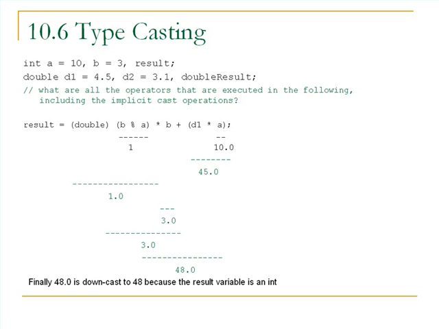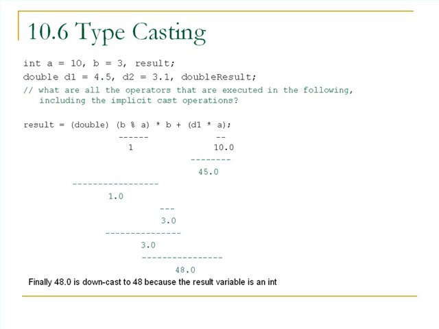We have a double on the left and an int on the right, so the multiply happens in double, and it evaluates to 3.0. Then we're going to add the 3.0 to the 45.0, and the result is 48.0. So the whole thing evaluated to 48.0.